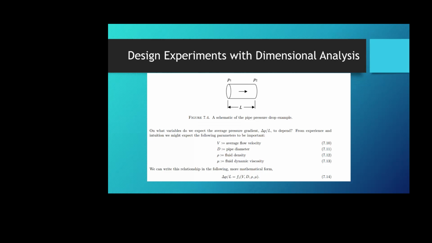If I increase V, what happens? If I increase D, what happens? If I increase rho, what happens? What happens when I change these variables? How does it change? That defines the function. But at the end, all the expression has to have the same units. Okay?